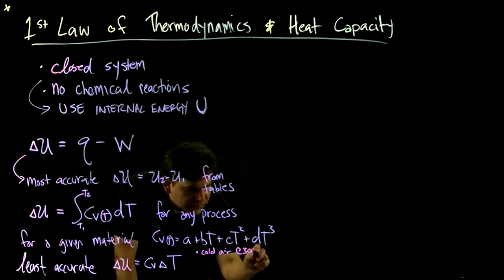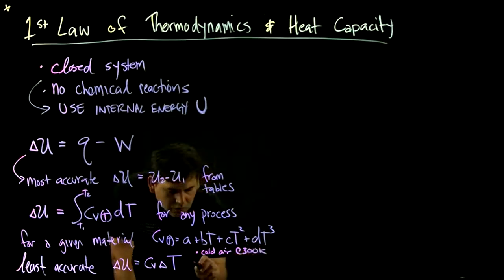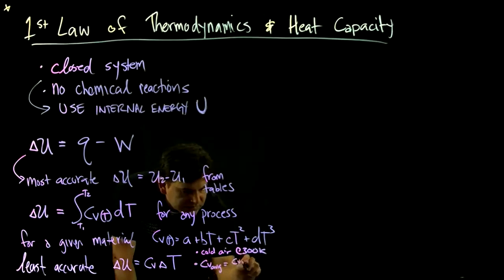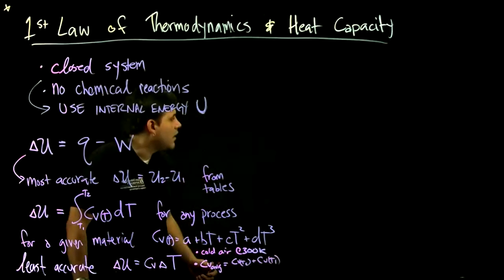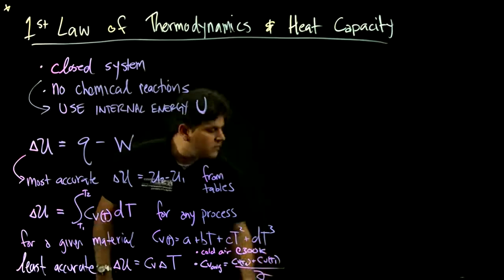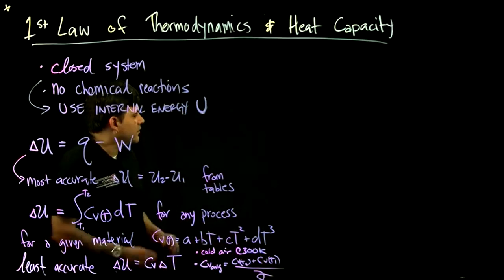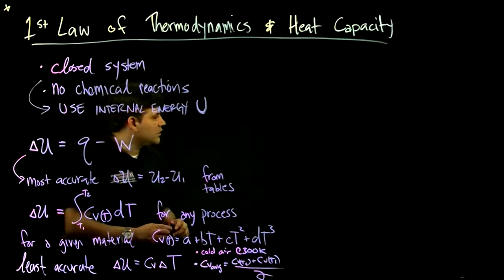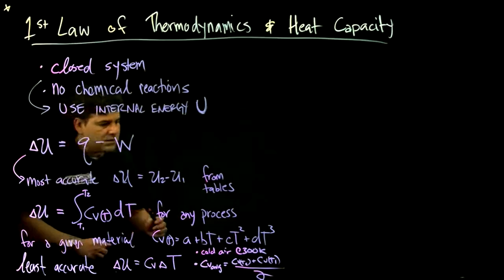At 300 Kelvin, or some other temperature, or you can say CV average equals CV at T2 plus CV at T1 over 2, some average value where it's constant.